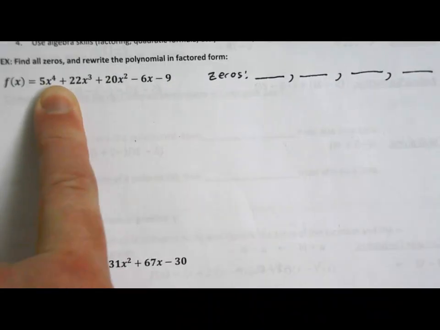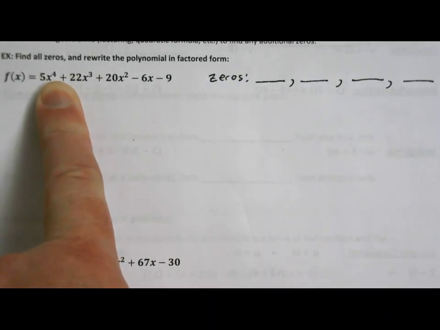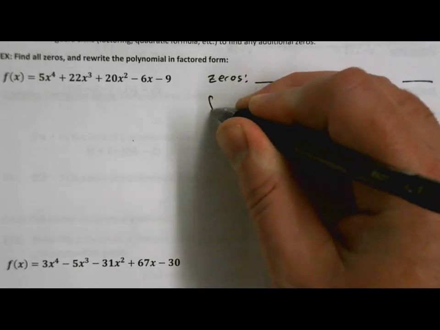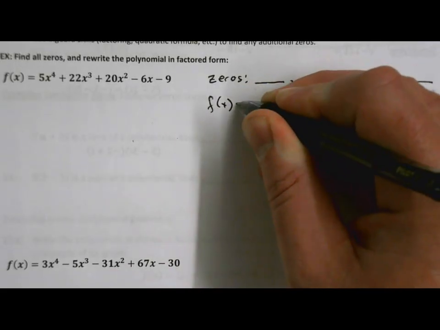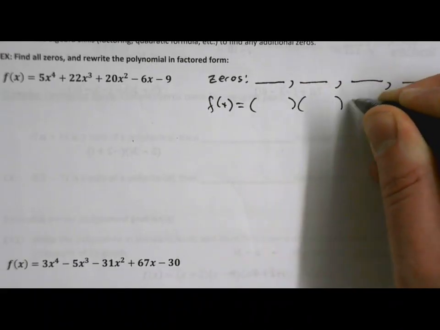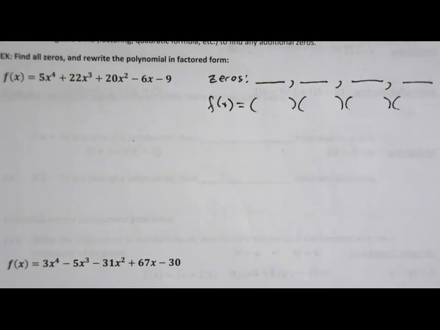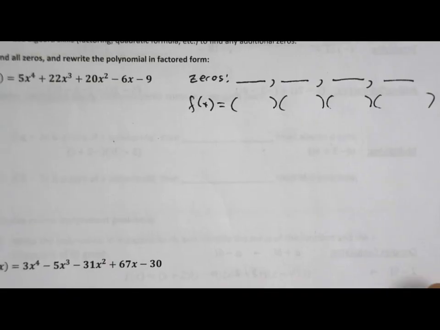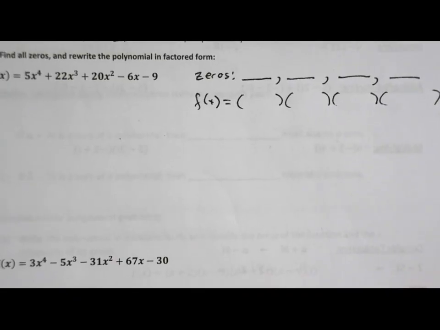So we are going to find 4 zeros. Now some of them may be repeated, right? That would mean it had a multiplicity of 2 or of 3. But we're going to have 4 zeros, which means that we should be able to factor this polynomial into a version that has 1, 2, 3, 4 factors, 1 for each of those zeros. So our job is going to be to find all of those zeros.